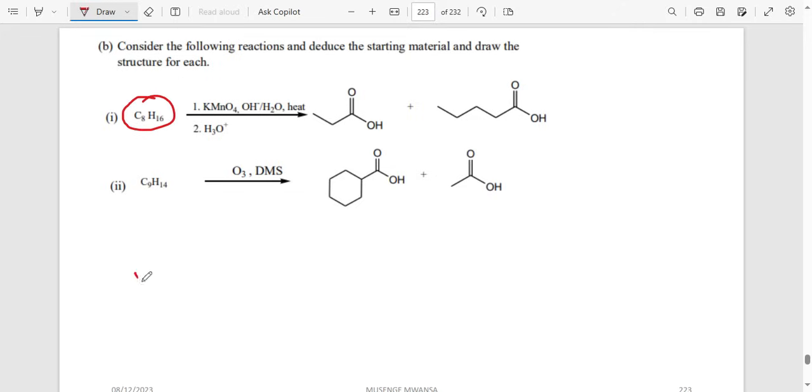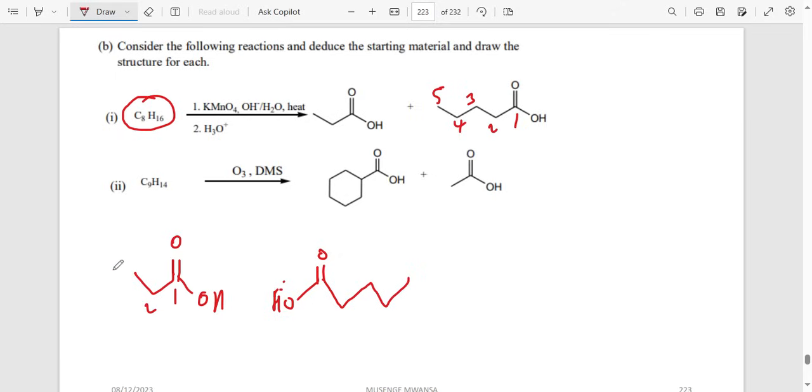So basically, what you do is just get your two structures which you formed as your products. I'm also going to write this one such that the functional group will face this direction. So how many carbons are here? 1, 2, 3, 4, 5. So I write it like this, and there's OH at the end, double bond with oxygen here. So that is carbon 1, 2, 3, 4, 5. If we count the carbons, this is 1, 2, 3.